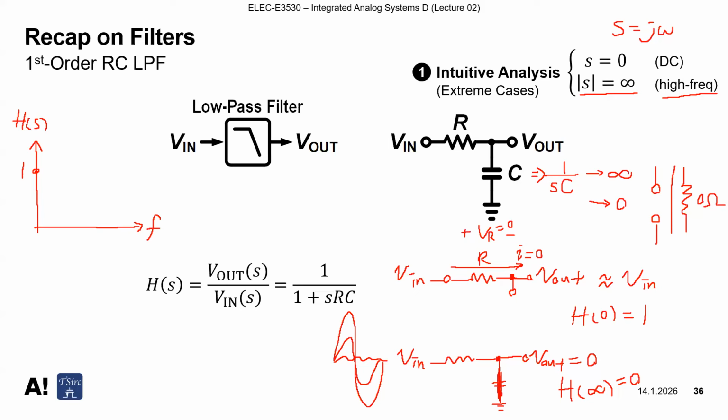For infinite frequency, we have 0 magnitude. Then it becomes like this. So this is a linear scale. When we take log scale, then log 0 becomes negative infinity. So it goes like this. So it becomes a low pass filter.